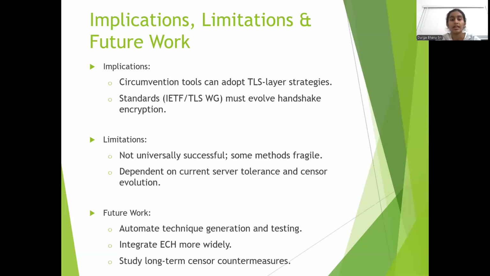And then the future directions: automated synthesis or evaluation of new TLS-level evasion strategies, better integration with ECH or hybrid schemes, and measuring how censors respond over time. The arms race.